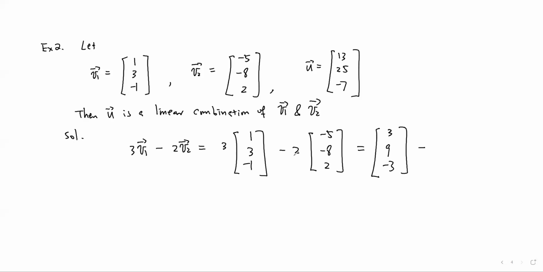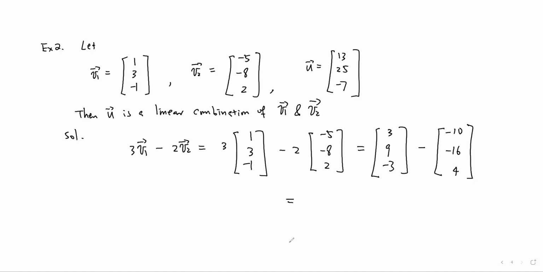Then minus 2 times this vector. It is a new vector obtained by multiplying 2 to all the entries. 2 times -5 is -10. 2 times -8 is -16. Then 4.